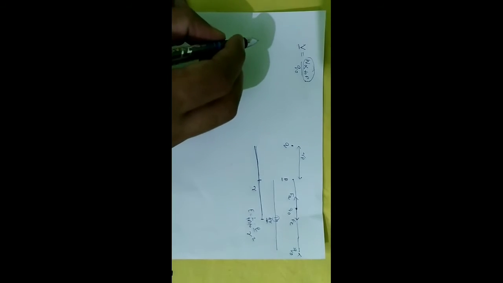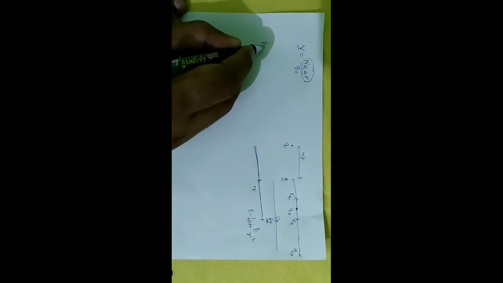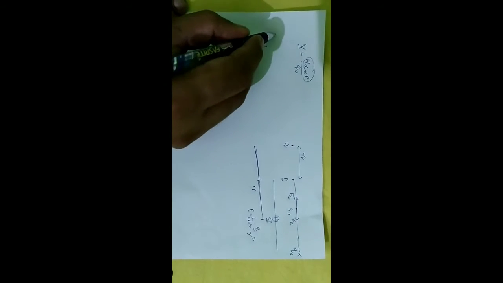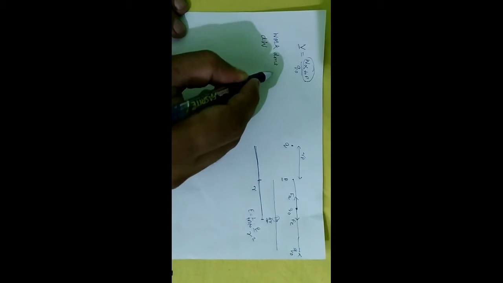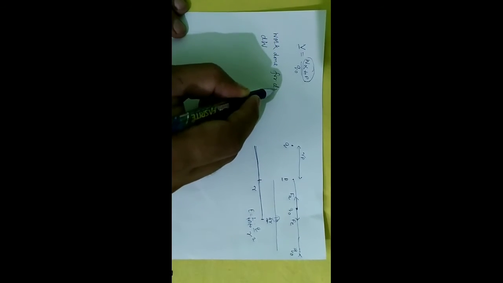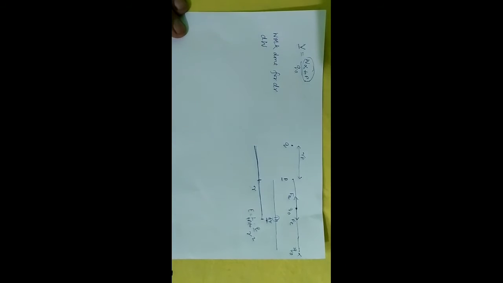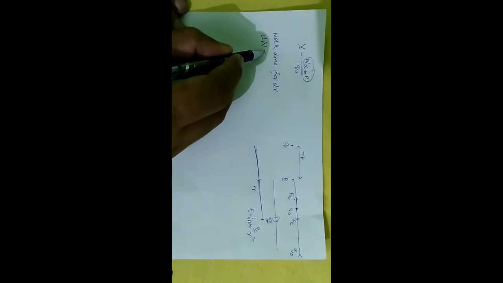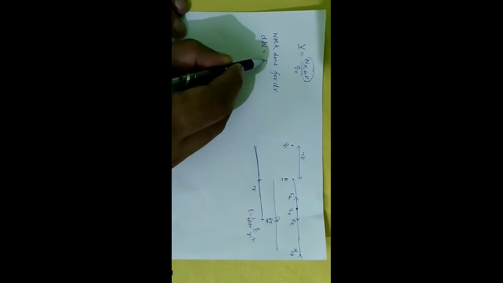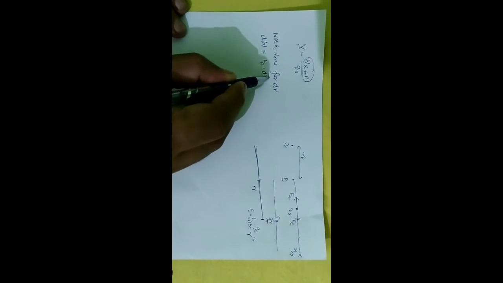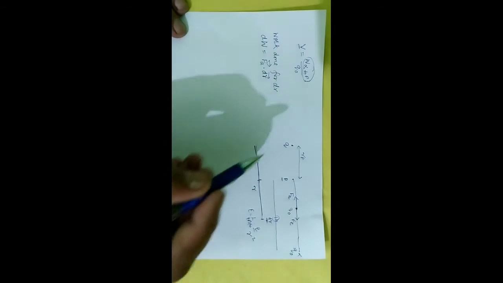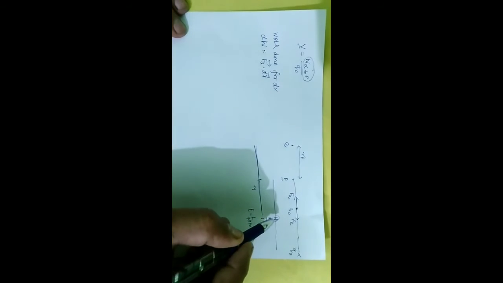The small amount of work done for the small path dr is equal to the dot product of the applied force and the displacement dr. From the figure you can see that our displacement and applied force are in the same direction.